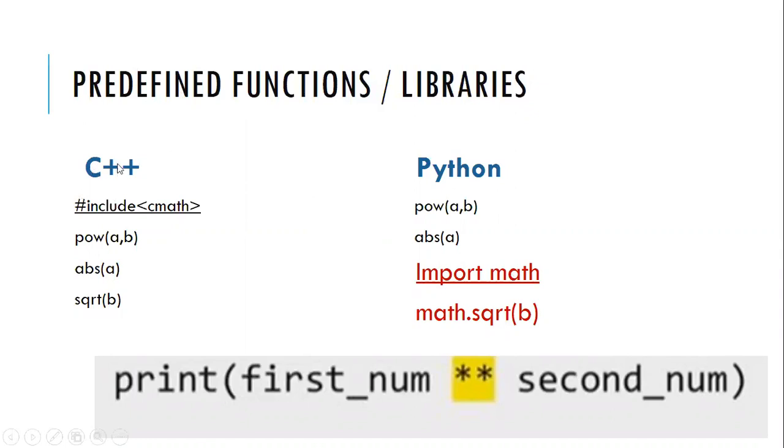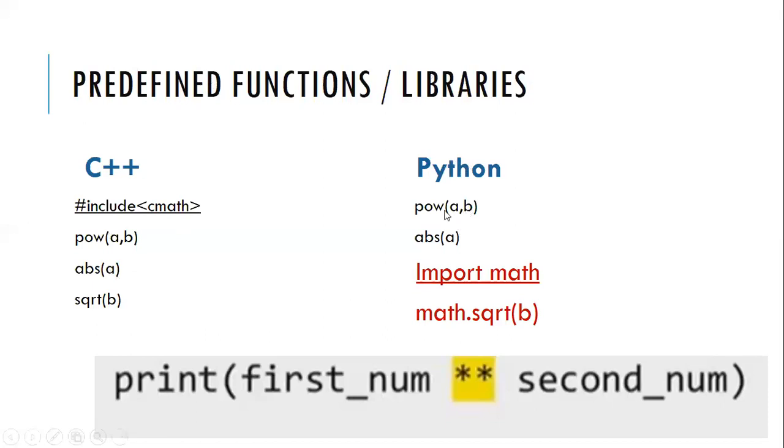I'll introduce you to some of the predefined functions such as power, absolute, and square root, which are included in this library. #include <cmath> is a library that has the definitions of these three functions.